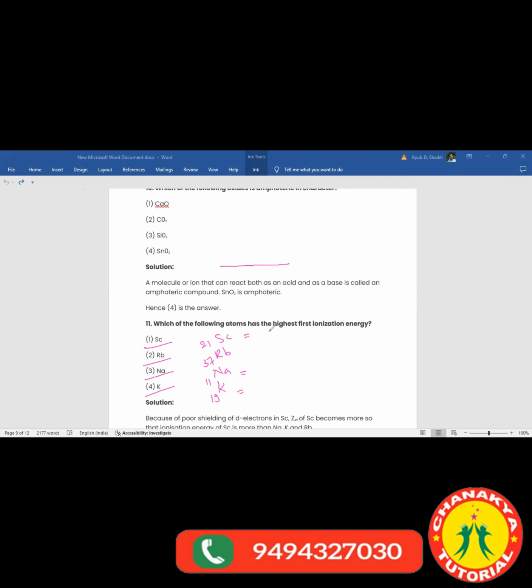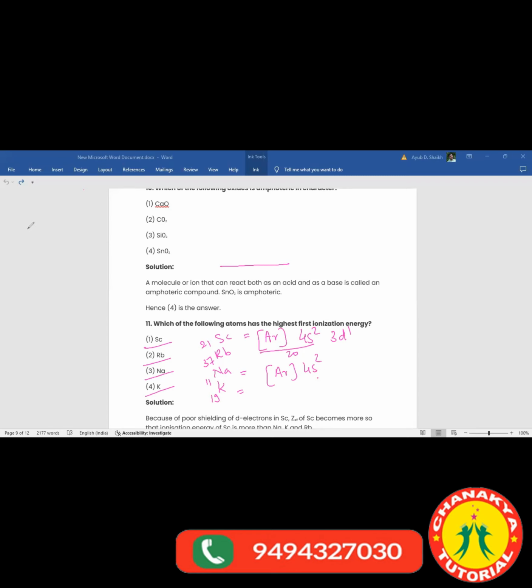For scandium, it would be argon, that is 18, then 4s2 becomes 20, and 3d1, correct? For rubidium, it will be again argon, then 4s2, it becomes 20, right? And the remaining 7 will go into what? Sorry, it will be krypton. It will go to the krypton.